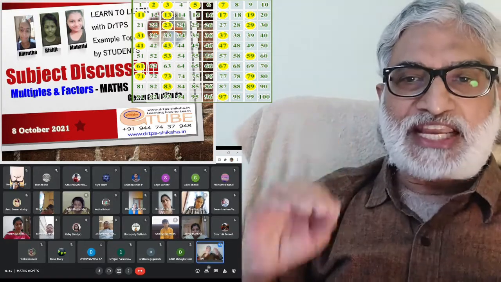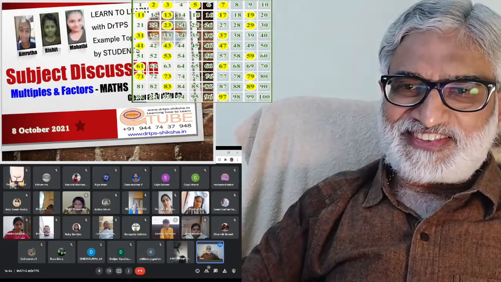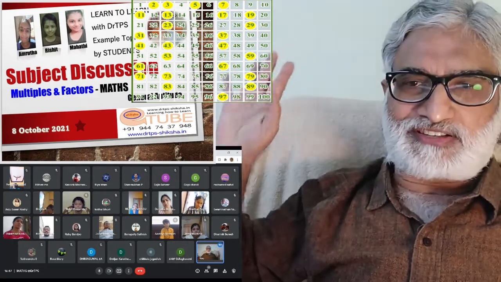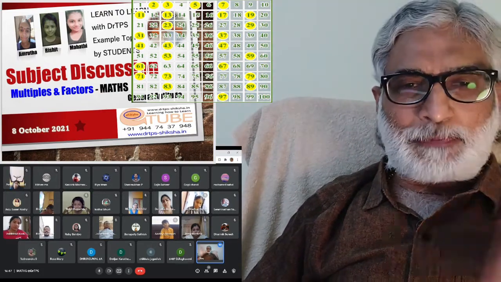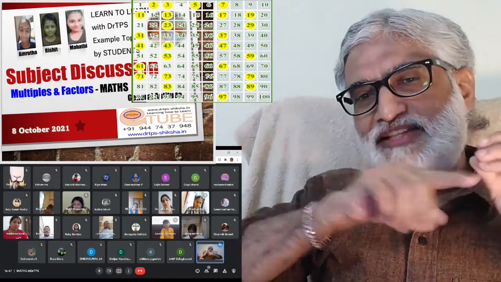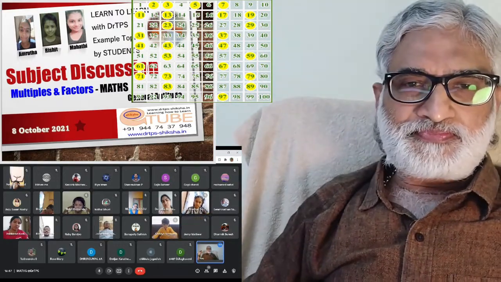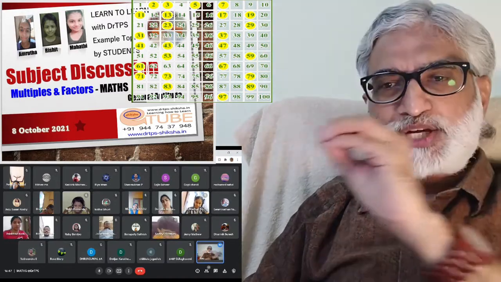You know, this can be factorized. We are also learning factors now. Each different color, 4 colors means 4 factors. That's it. Very simple. Multiple and factor: either you are repeating it or making it into pieces. That's why it comes as a single chapter, multiples and factors.